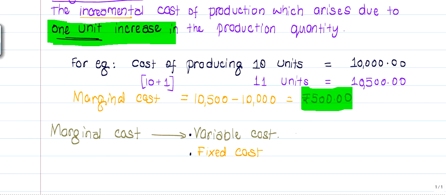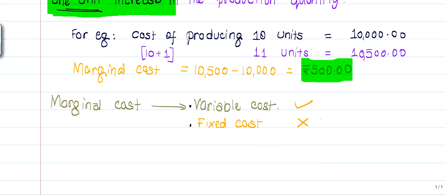So variable cost is considered, fixed cost is not considered. Why? What is the reason? The reason being, if the quantity increases or decreases, variable cost also increases or decreases. But irrespective of an increase or decrease in the production quantity, fixed cost will remain constant or the same.